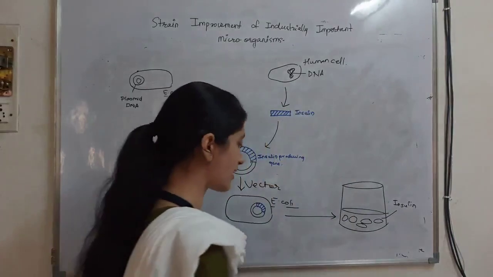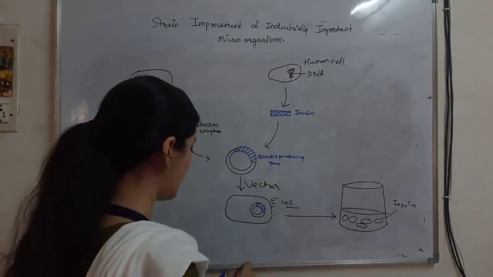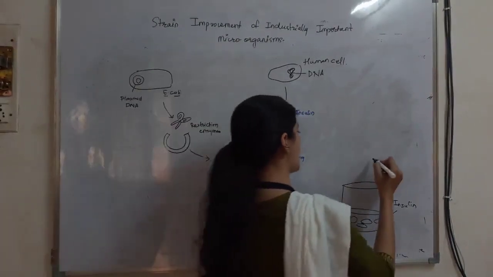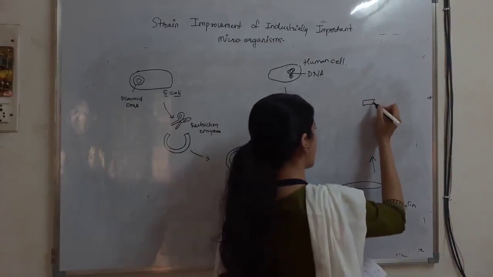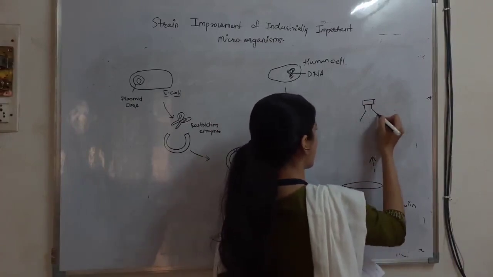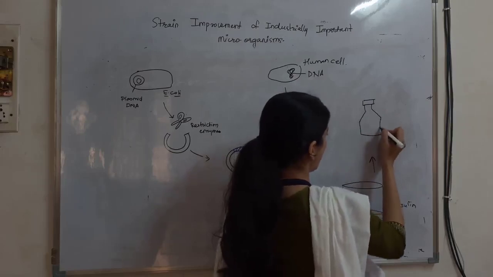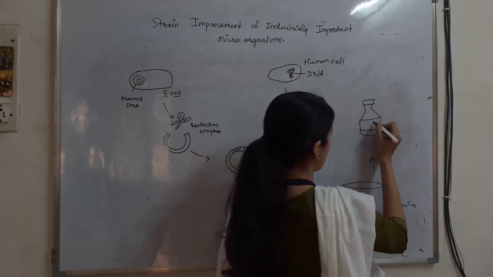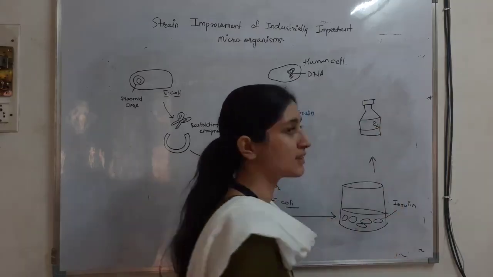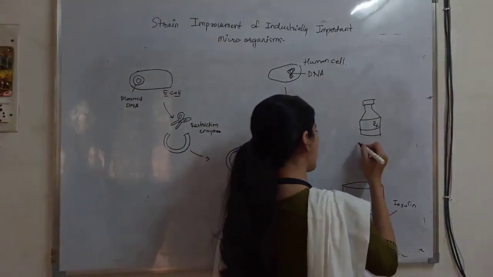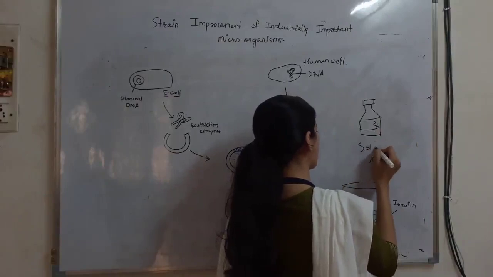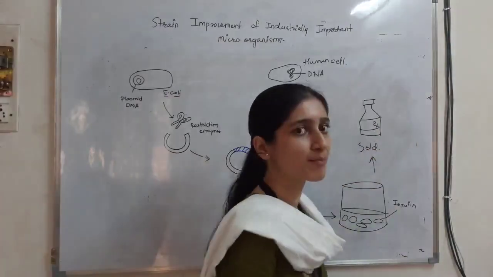And there are certain techniques for downstreaming which will help in the purification of insulin, and finally the product is manufactured, packaged and then sold in the form of dried powder.